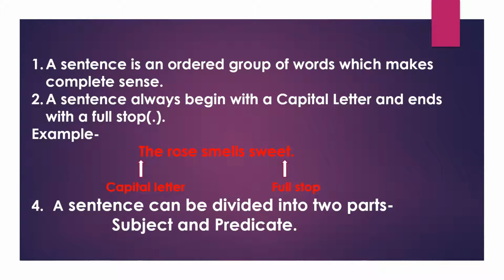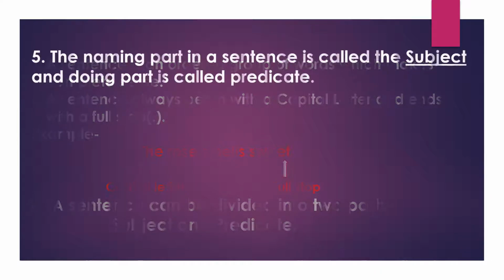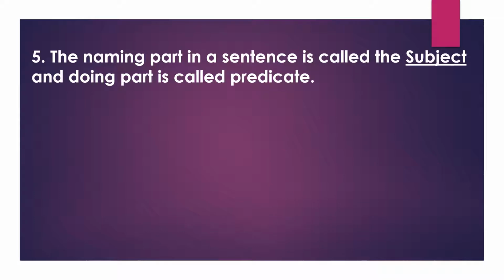A sentence can be divided into two parts, subject and predicate. The naming part in a sentence is called the subject and the doing part is called the predicate.